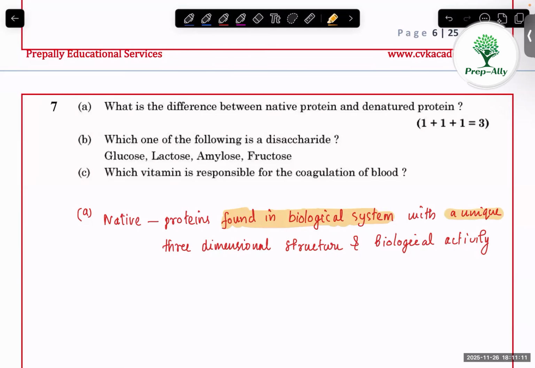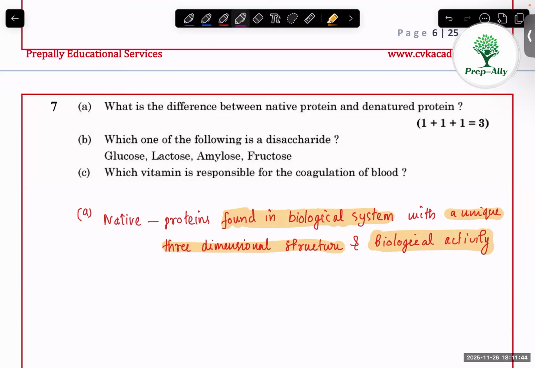It has a unique three-dimensional structure and it will be having its own biological activity because whatever the proteins which were there in your body, they have their own functions, right? So you can write their own functions if the term biological activity is not coming into your mind. You can write simply biological functions. So they have their own functions. They have a unique structure and undergo unique functions or they have their own biological functions. So anyway, you can write, but this key point should be there.